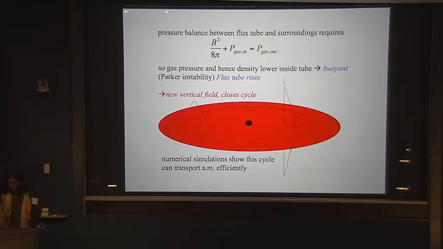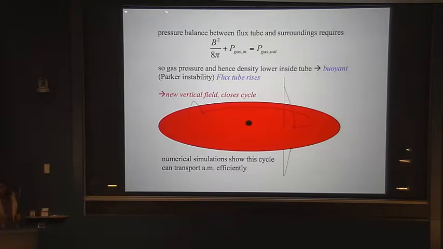And the simple way to think about what's going on is that in the presence of a B field, you have the B squared over 8 pi that you add to the total pressure on the inside, and you have just the gas pressure outside. So what ends up happening is you have these flux tubes that will actually rise because of the difference in pressure.